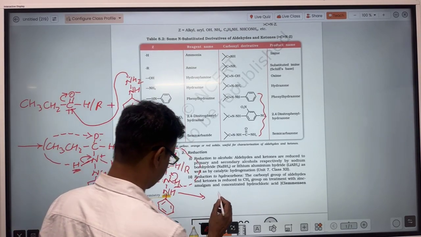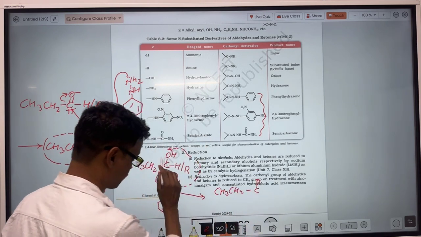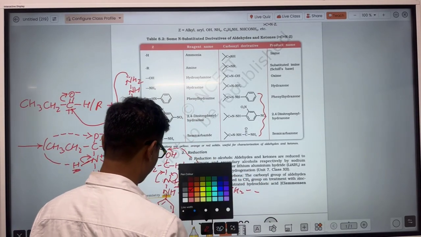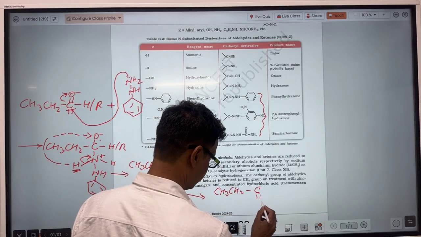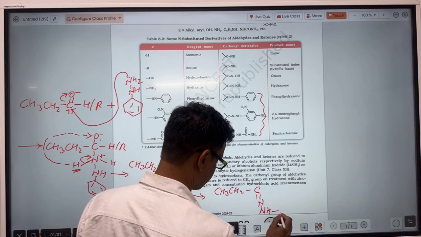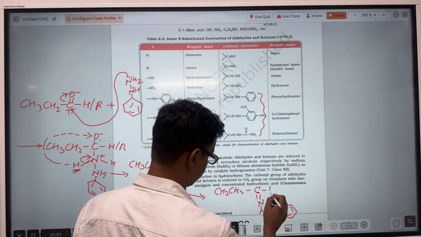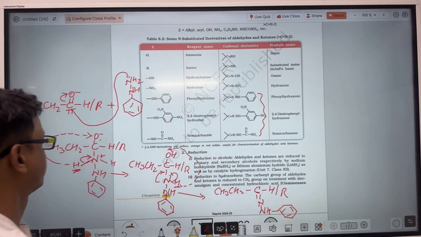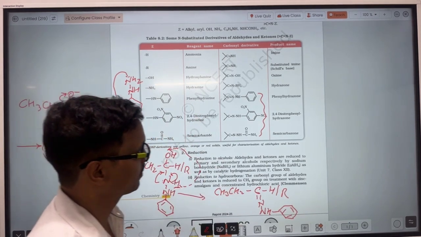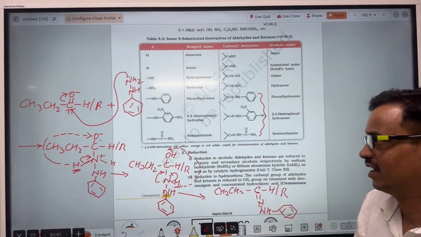H2O will be released from there. So what will the product be? There will be a double bond here with nitrogen, and hydrogen has a bond, and then here is NH, and that is bonded to the benzene. It was phenylhydrazine: hydrazine bonded to the phenyl group, so that's why it's called phenylhydrazine.